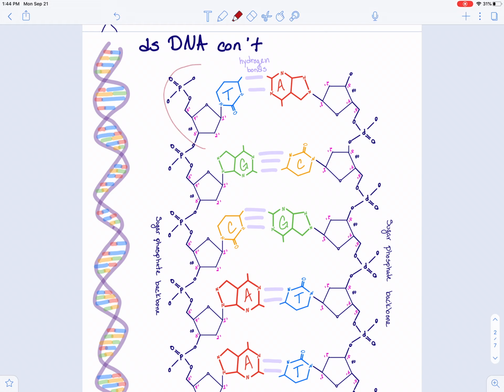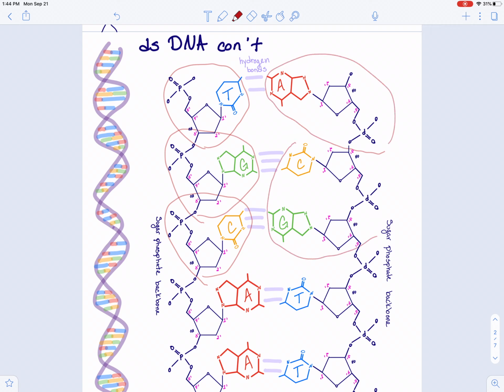Here is one nucleotide, bonded to another nucleotide, bonded to another nucleotide, and then here's the second strand on this side, and these are all bonded together. I've got two strands of these, and then they make these hydrogen bonds in the middle, and that's what connects my two strands. So DNA is always considered double-stranded.